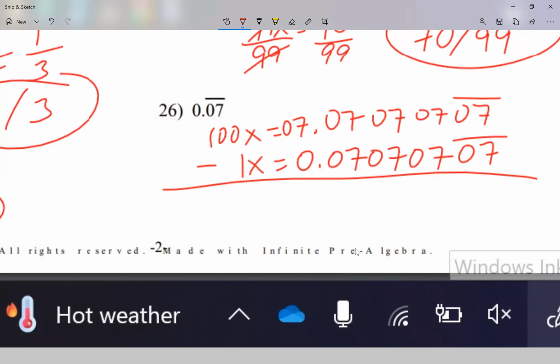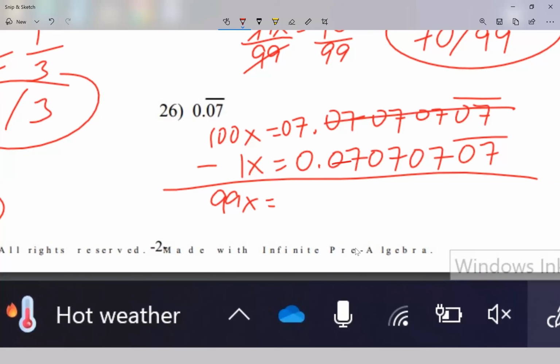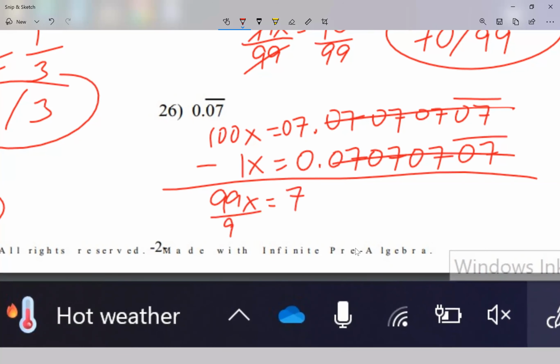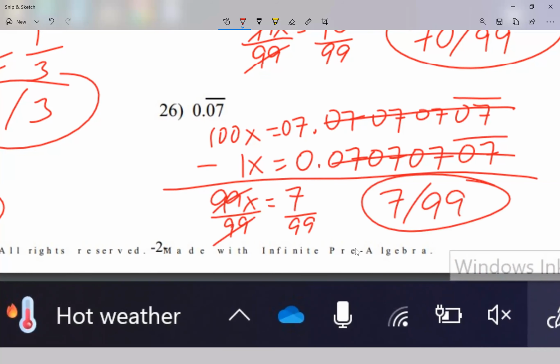Let me subtract this. 100x minus 1x is 99x. On the other side, the numbers after the decimal point cancel out. Now 07 is just 7, so I have 7 minus 0, which is 7. Let me divide by the number in front of x. So my fraction is 7 over 99. Do simplify if possible. In my case, I cannot simplify. So my answer is 7 over 99.